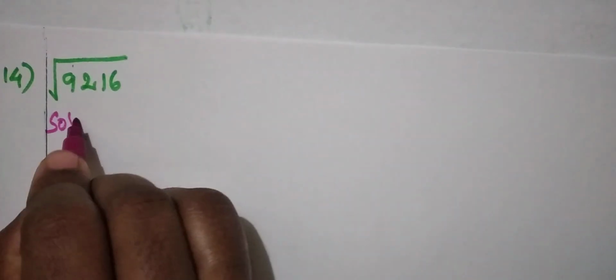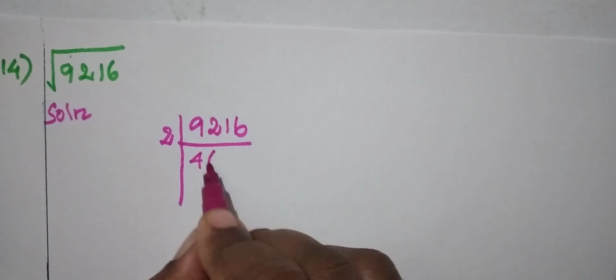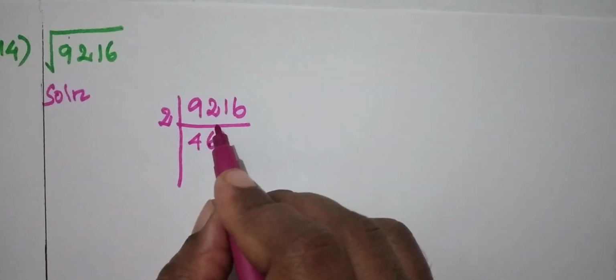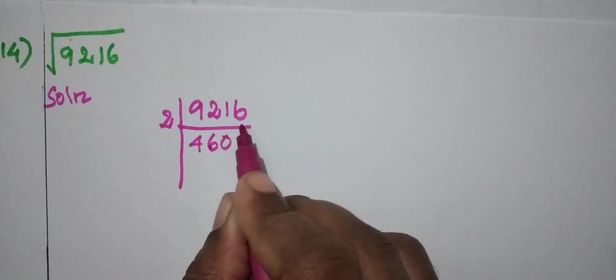The next one, square root of 9216. Let us factorize the number. This is an even number, so start with 2 tables. 4 2s are 8, remaining 1, 6 2s are 12. This number 1 is not divisible by 2 tables, so you put 0 here and take the number 16. 8 2s are 16.